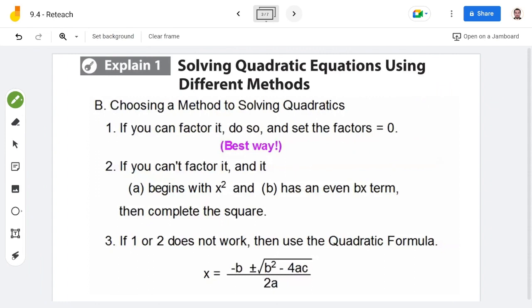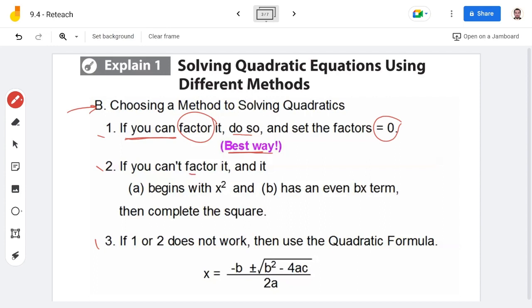Now, how can we know which one to use? If you look here, first, choosing a method for solving quadratics, we have three. You can just go through one of them. If you can factor it, do so, set the factors equal to 0 and find the zeros. We call this the best, easy, and fast way.